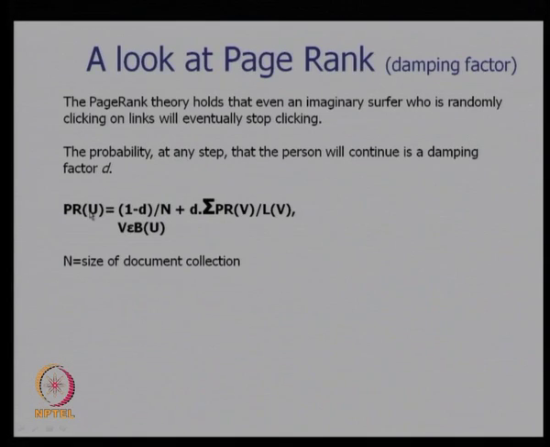So, the PageRank of a document U is sigma PR(V) by L(V), which is the basic formula. This is multiplied by the damping factor D, and (1 minus D) by N is the other factor. So, this of course should move to here below. So, this is the modified formula for PageRank.